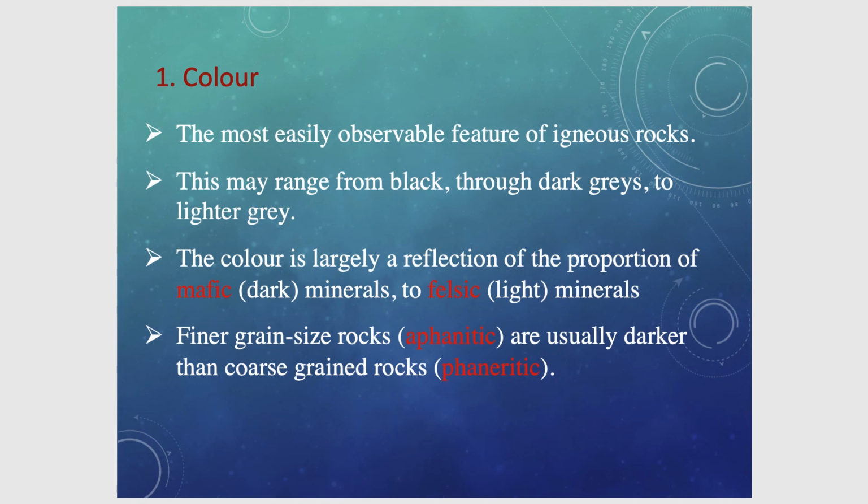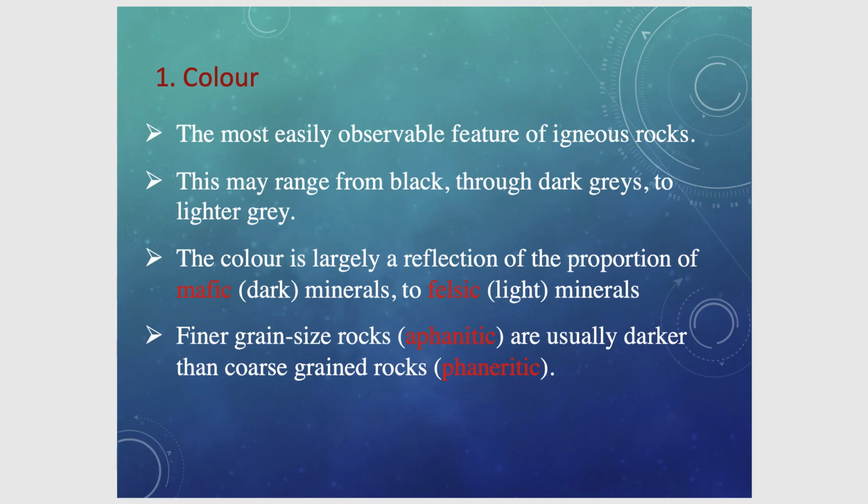So again, we revisit this concept. The color is the most easily observable feature in igneous rocks. It should be relatively easy to describe what you see. It may range from black through dark grays to lighter grays, or actually pink.